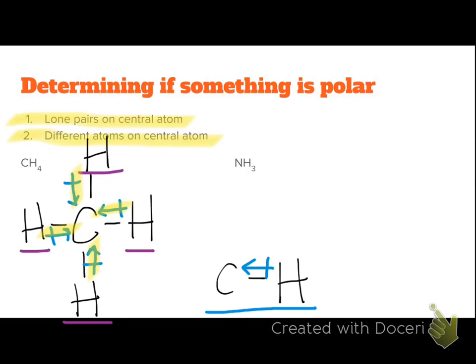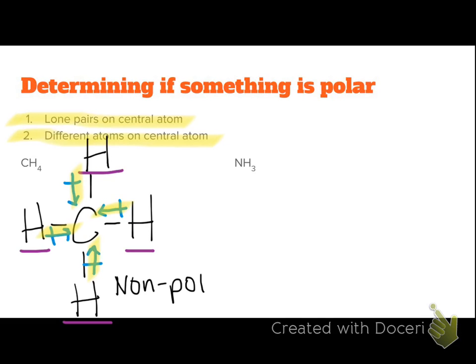They're pointing towards the same atom. And then these two are also pointing in opposite directions. So our opposites are going to cancel, which means that CH4 is what we say non-polar. Because they cancel, so overall we do not have an area with a positive charge, an area with a negative charge. So let's do another example here.